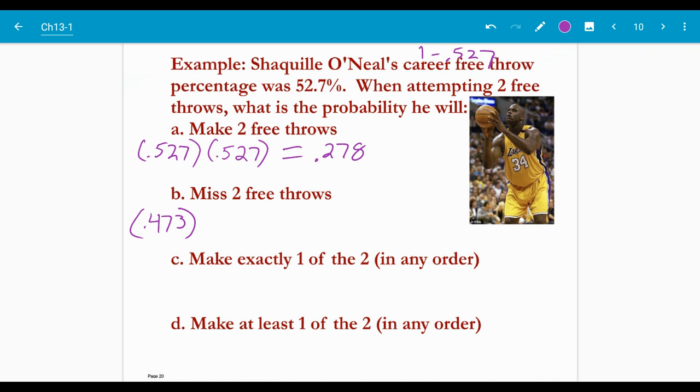Now, like what we did in part A, we're going to follow this same procedure. He misses the first shot. Independently, he misses the second shot, 0.473. Multiply these two values together to get the probability that he misses both shots, and we get 0.224. Any questions so far?